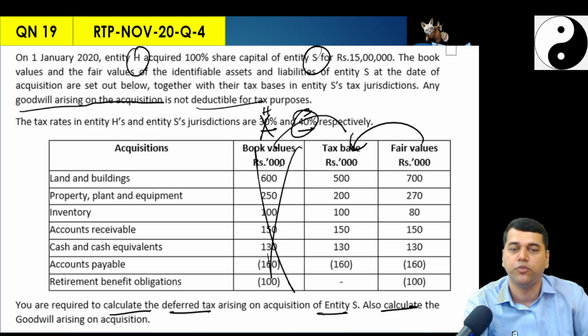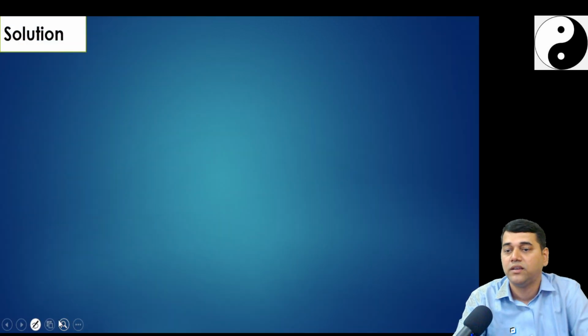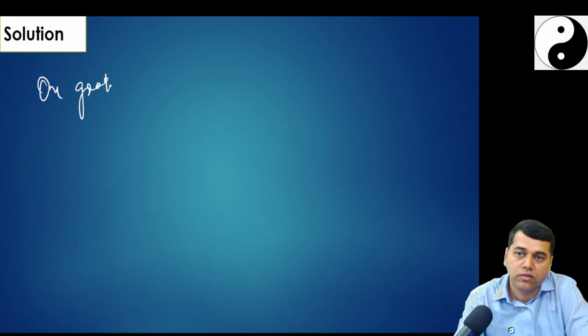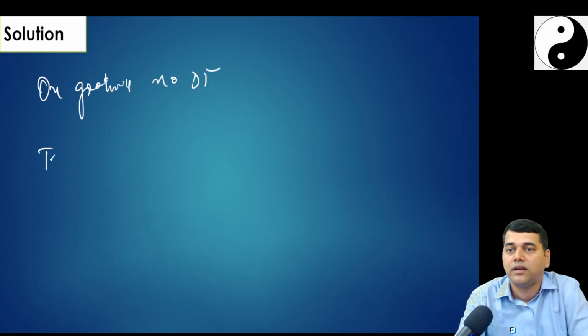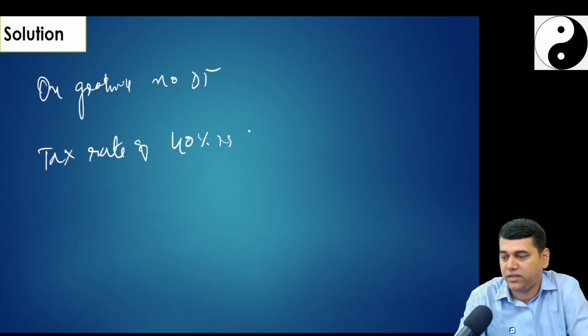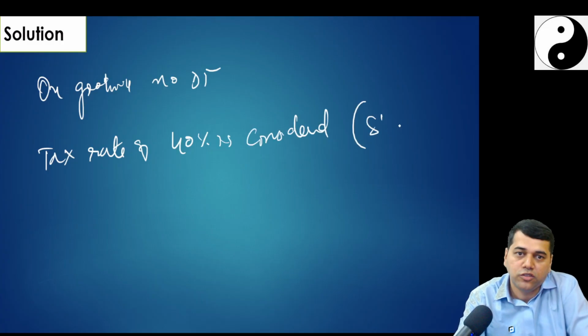That's it, no? Before you proceed, or you can write it afterwards also, you have to just write one theory: on goodwill, no deferred tax; tax rate of 40% is considered, which is S jurisdiction.